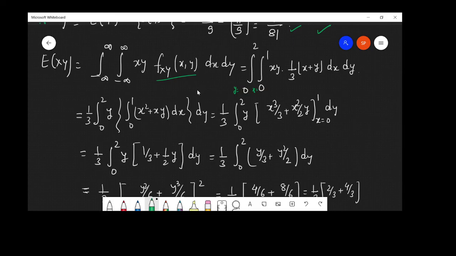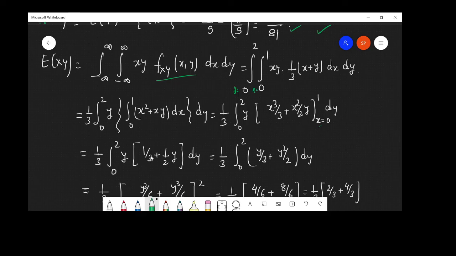Here is no problem. So now in this question we have taken first to integrate with respect to x. Here it is 0 to 1 of x square plus xy dx, and we keep y and dy outside. After integrating with respect to x, we get x cube by 3 plus x square by 2, with y treated as a constant, and we take x equal to 0 to 1 dy.